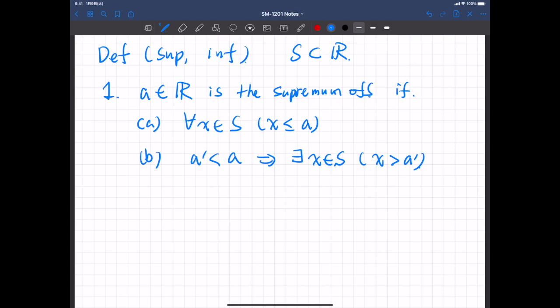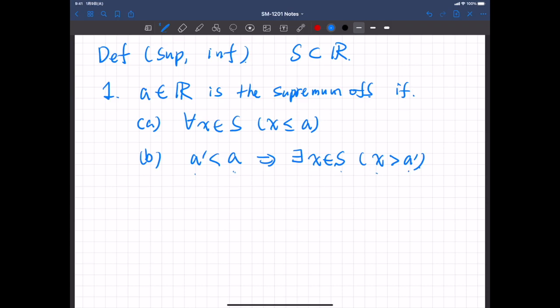So this means if we take any real number A prime that is less than A, even very slightly less than A, then there is some element of S that is greater than A prime.